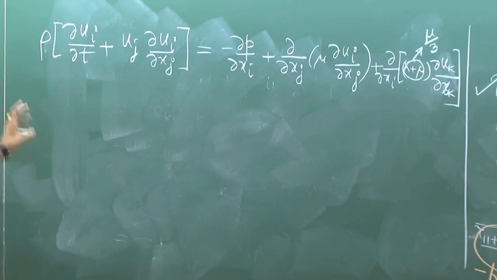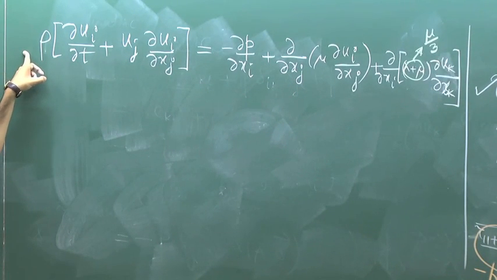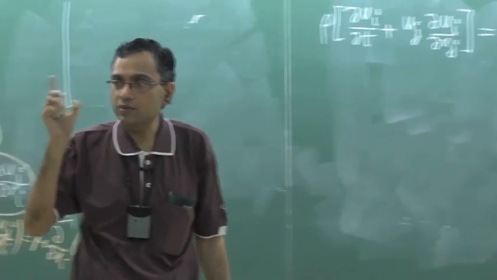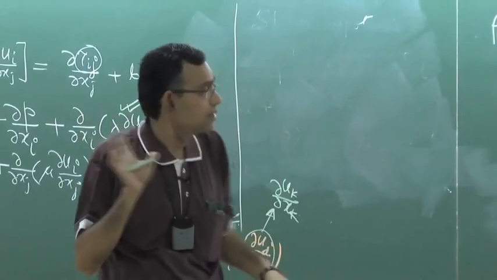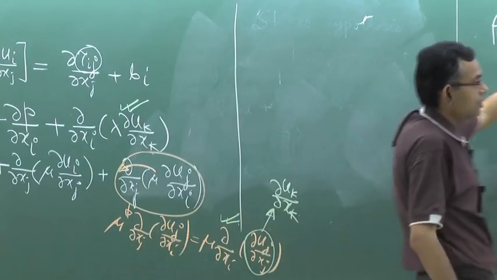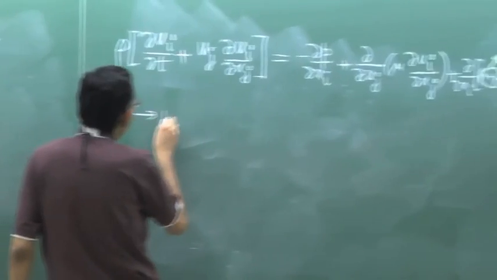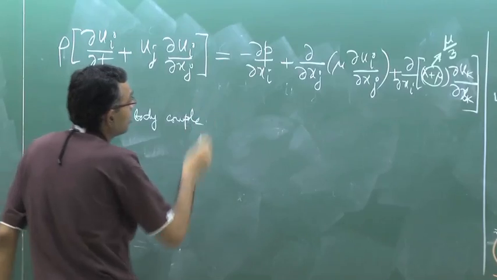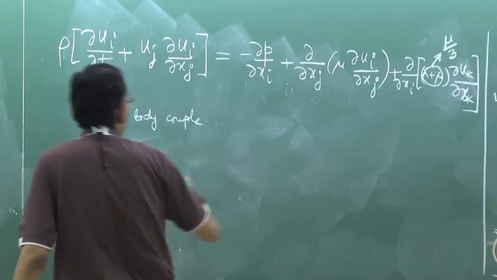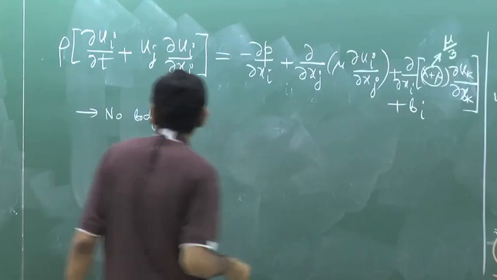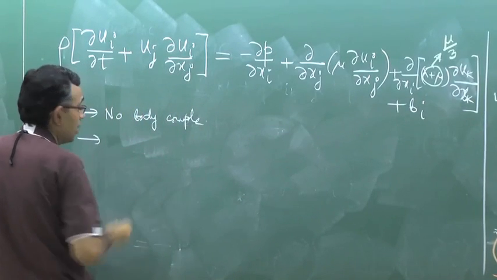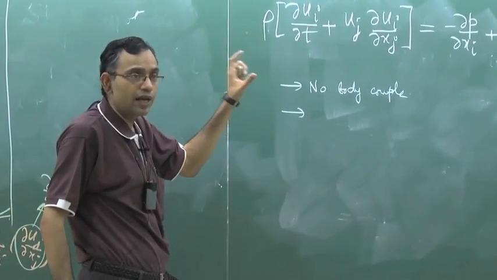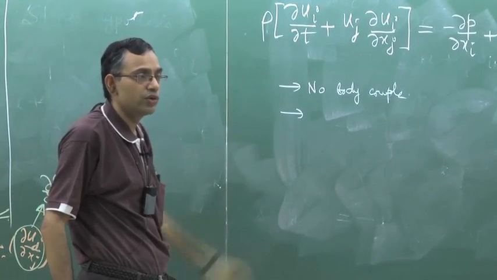Okay. So this equation, what are the assumptions associated with this equation? So first we use the Navier's equation. There the only assumption was no body couple. Of course you also have to add a body force that is there, so let us write that. No body couple, then the constitutive behavior, for that we assume a homogeneous isotropic Newtonian fluid.